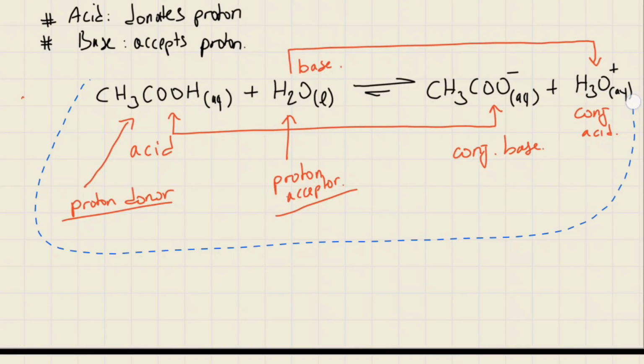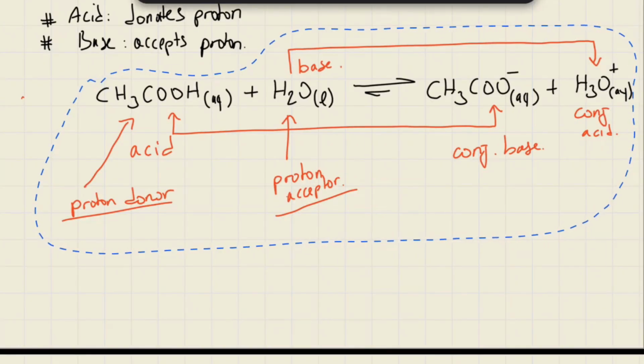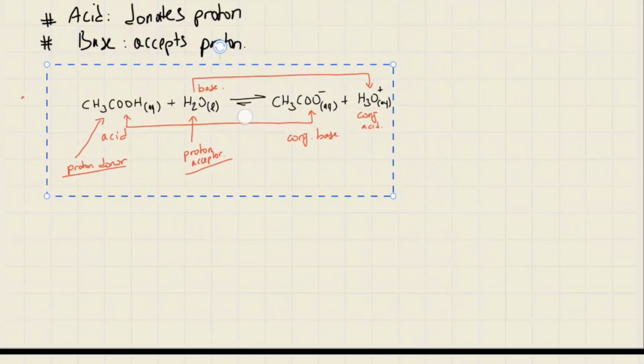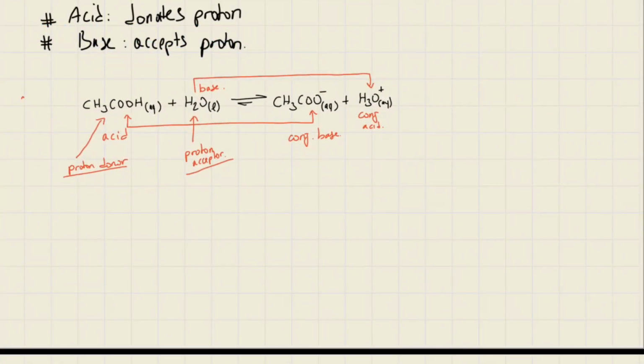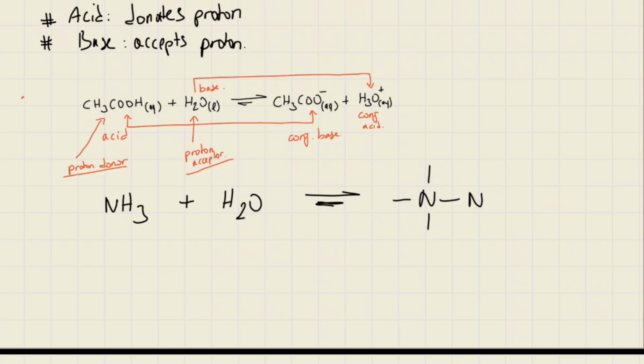And I can make another example by using a weak base. I think I can use ammonia in this case. We put the ammonia in water. There's an equilibrium reaction. It creates NH4 plus and OH minus ions.